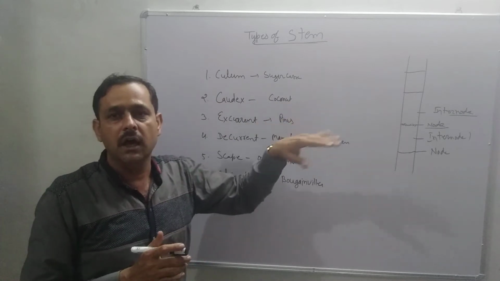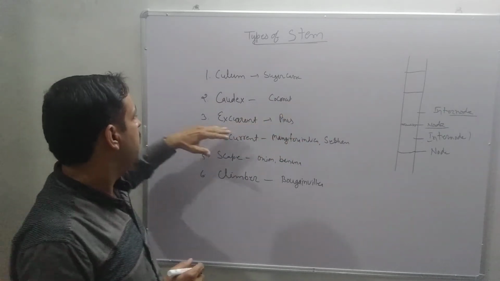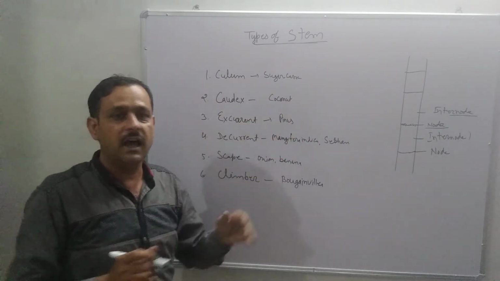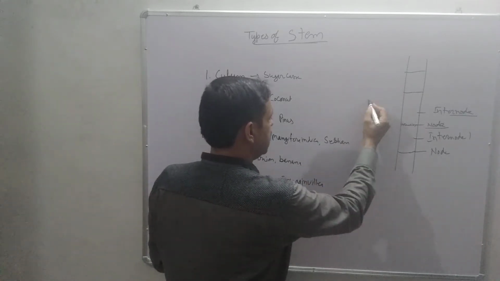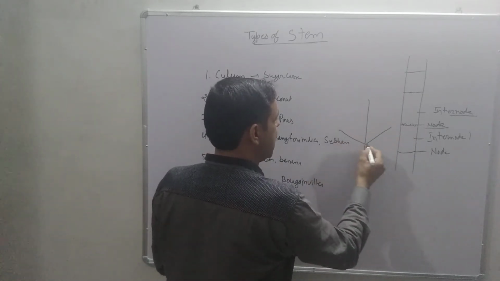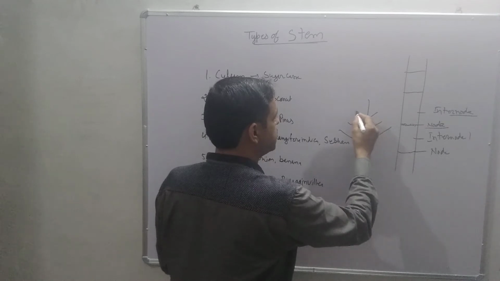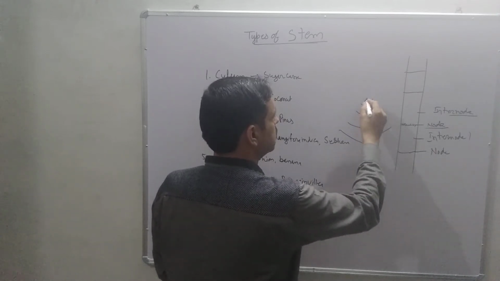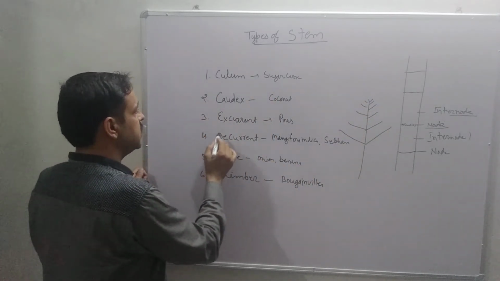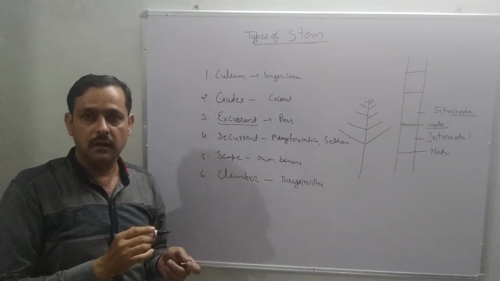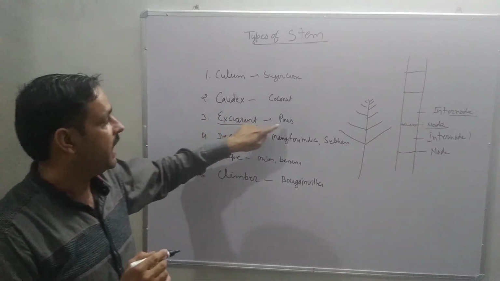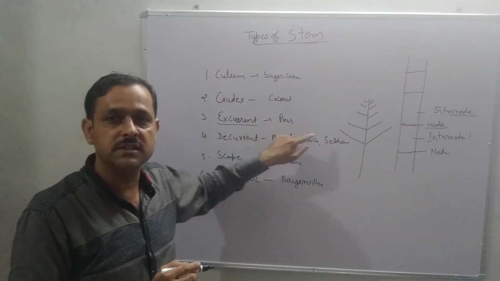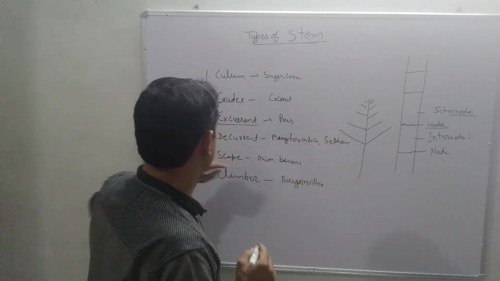For example, coconut, palm tree. Excurrent: whenever the lower branches are long and the upper branches are short, this is called the excurrent type of stem. Example, Pinus, which is an example of gymnosperm.